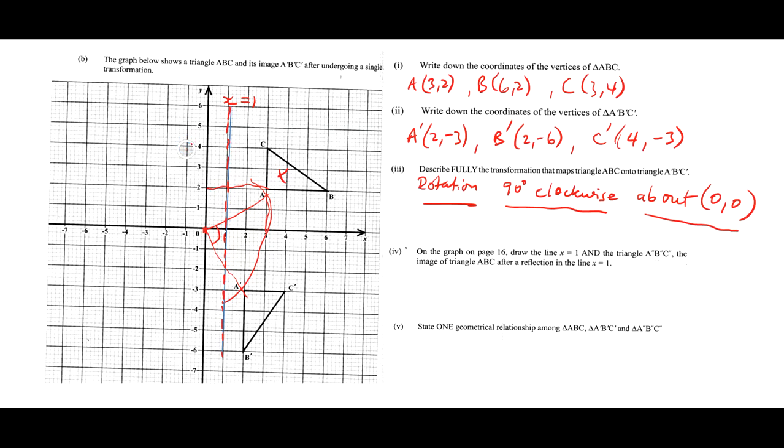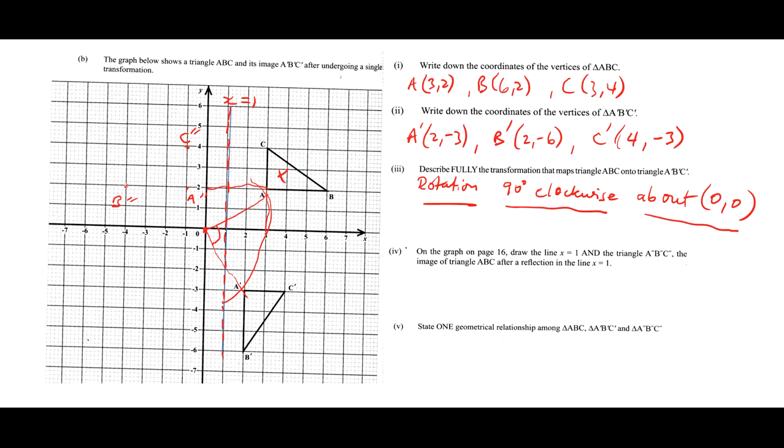So therefore this point is C double prime. A will be this point here, and B, if we look at B is 1, 2, 3, 4, 5 cm in front of the line, so therefore it will be 1, 2, 3, 4, 5. So this will be B double prime, right?